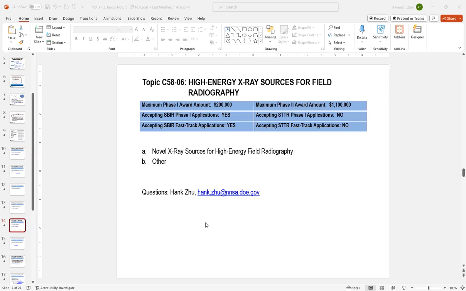Number 6 is high energy X-ray sources for field radiography. Some of you may know high energy radiography is an indispensable tool for nuclear incident response due to its high penetration capabilities through dense materials, especially for field diagnostics applications. At present, the 7 MeV Betatron accelerator systems are used for this purpose in the field.